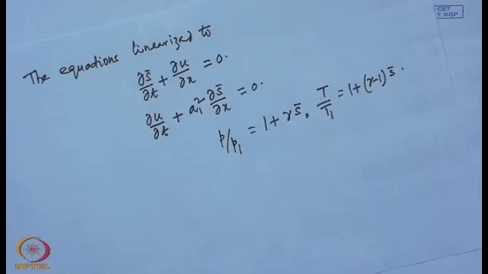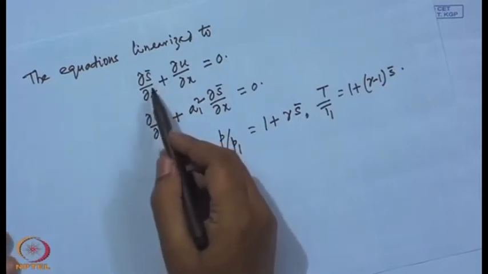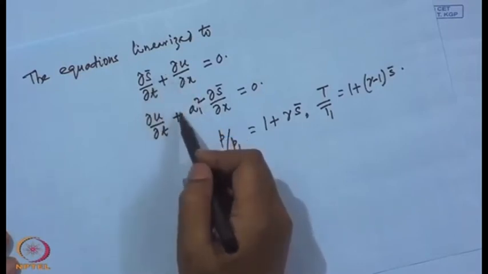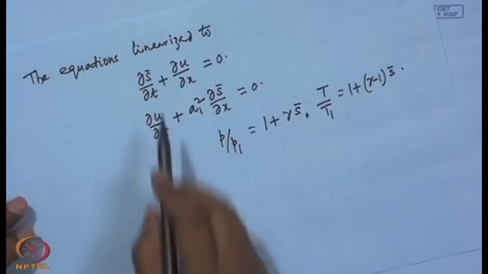Now, to solve this equation, we differentiate the continuity and momentum equations with respect to t and x.